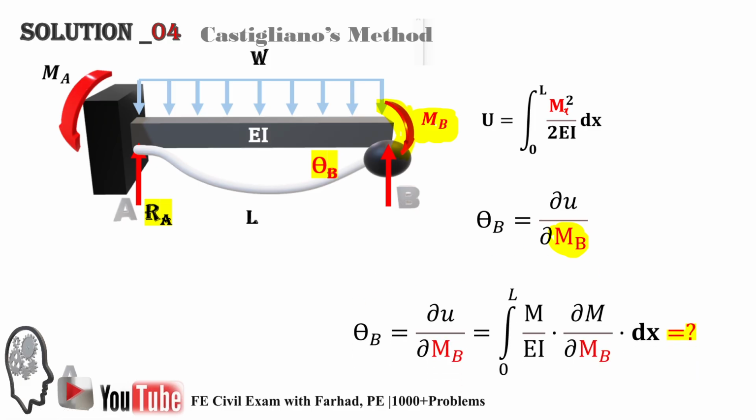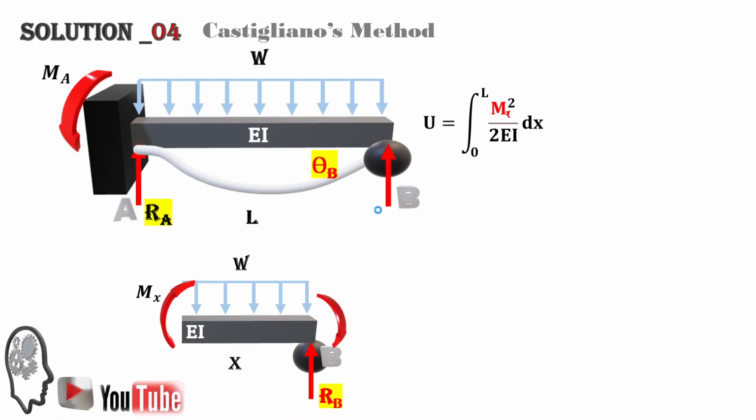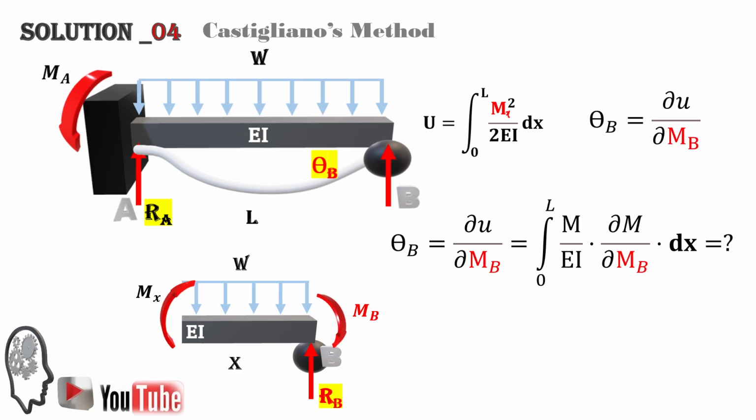If you expand the equation, theta B is the integration from 0 to L of M over EI times partial M over partial M_B dx. So we need to cut the beam at some length x, and then develop the moment equation considering M sub B. Again, we expand the equation of partial U over partial M_B, and that's the equation we have.